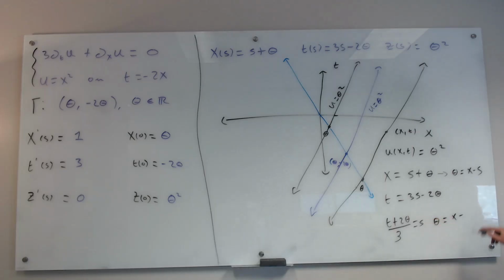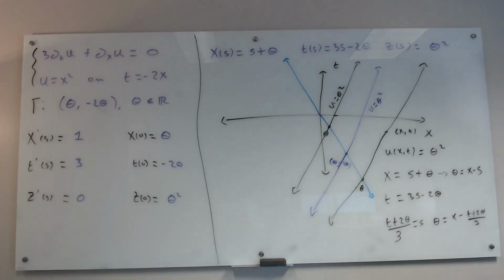x minus (t plus 2 theta) over 3. Now theta is the thing that I want to solve for here.